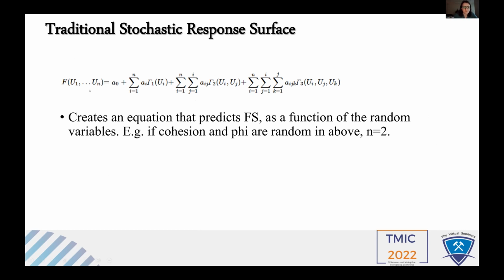F is the factor of safety, and factor of safety is defined as some complicated function of the random variables. So if, for example, the random variables are cohesion and friction angle, and we're looking at an SRV analysis, not a spatial one, then factor of safety is a function of the cohesion sample and the phi sample, so two variables.